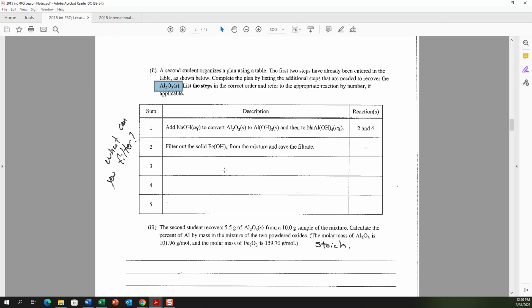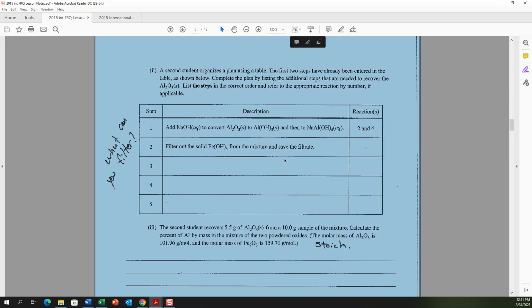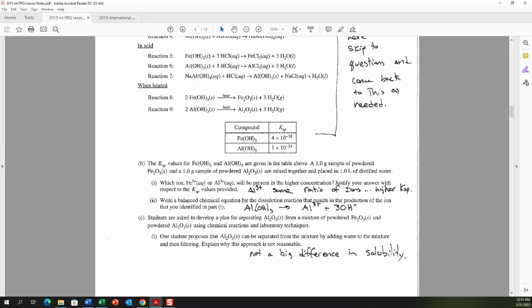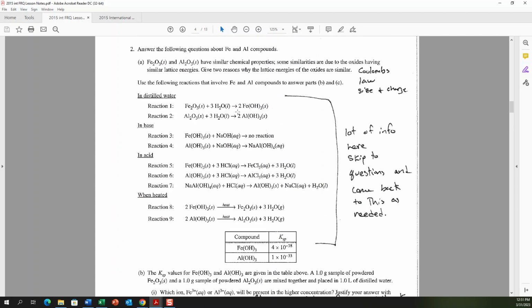Now, I want you to notice that in other exams, they've had questions like this where you don't necessarily need to have this many steps, okay? But if we go back, it says filter out the iron 3 hydroxide and save the filtrate. So they tell us this step and then filter it out, okay? Then what do we have to do?